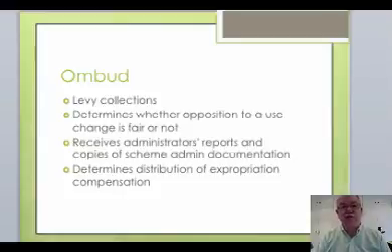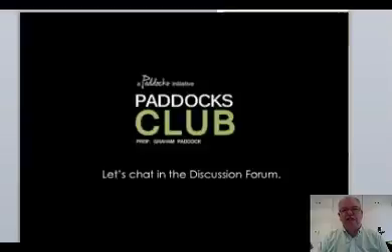Now that will go to the Ombud's office. The administrator's reports and copies of scheme administration documents will probably come through the local ombuds before they go up to the Chief Ombud. And if there is any dispute as to how compensation monies for expropriation should be shared amongst owners, then the ombud's adjudicator would make a decision in that regard.